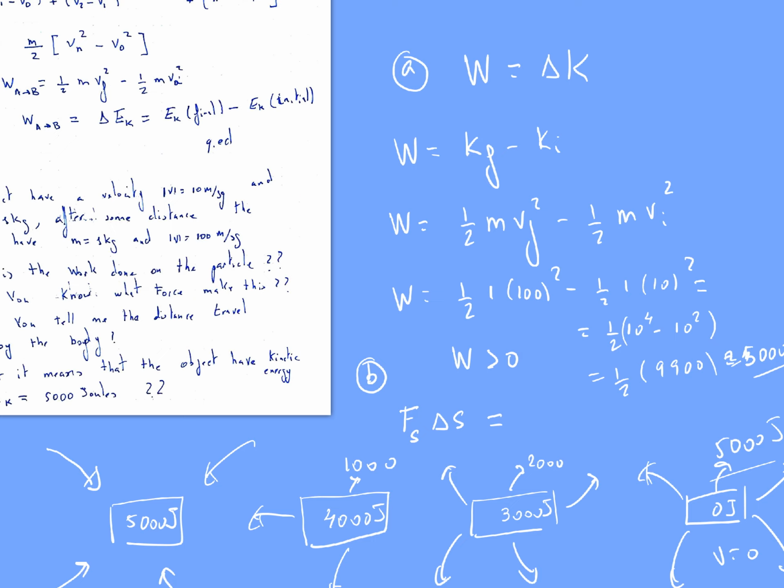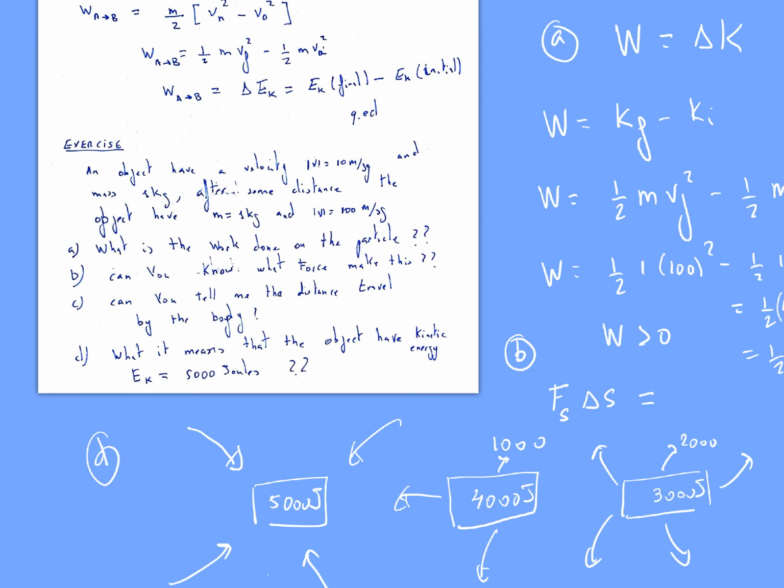Let's go to the second part. What does it say? Can you know what force makes 5,000 joules? Well, no. We cannot know what force makes 5,000 joules, because the force acting on the displacement will be around positive 5,000 joules. We know that the force has to be in the direction of the displacement. But who will make 5,000 joules? We don't know.